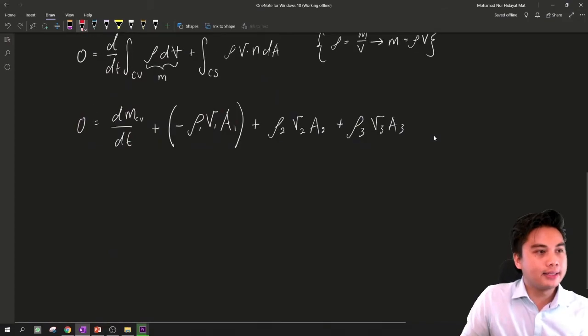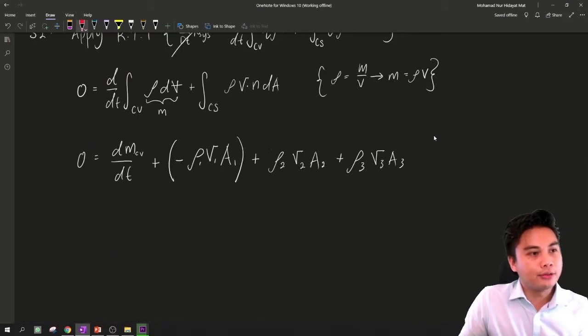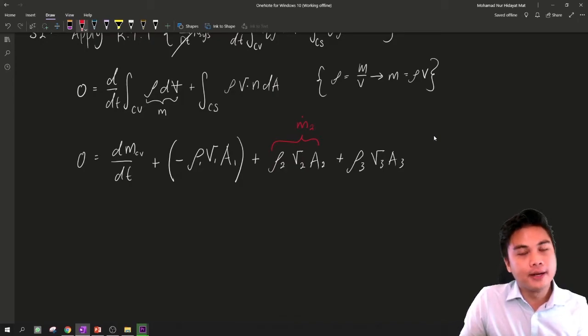So we can replace the term at point 2 with the mass flow rate. This term is basically the equation of mass flow rate. Remember that we derived previously the conservation of mass leading to the mass flow rate equation, and this one as well is the mass flow rate.